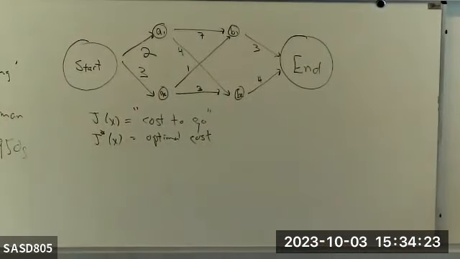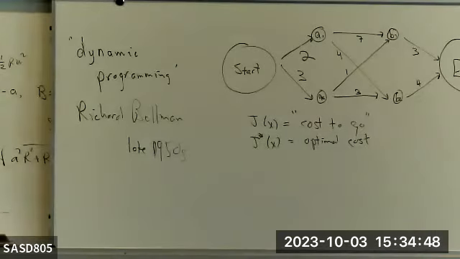Okay, so it's 2 plus j star of A1 and 3 plus j star of A2, and that's equal to 7, because j star of A1 was 8 and this was 4, so 3 plus 4 is 7, and that's the minimum.